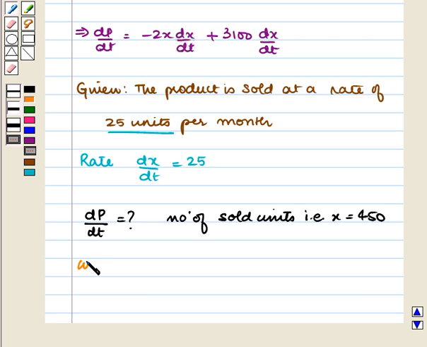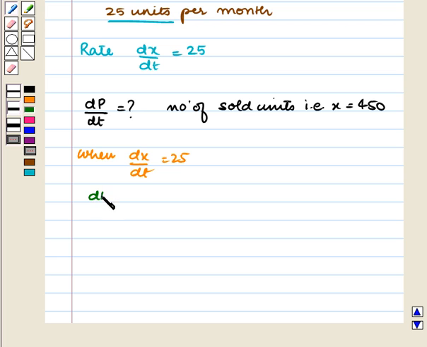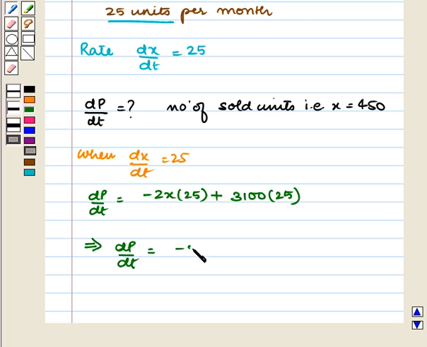So first, when dx by dt is equal to 25, dP by dt is equal to minus 2x into 25 plus 3100 into 25, which implies dP by dt is equal to minus 50x plus 77,500.